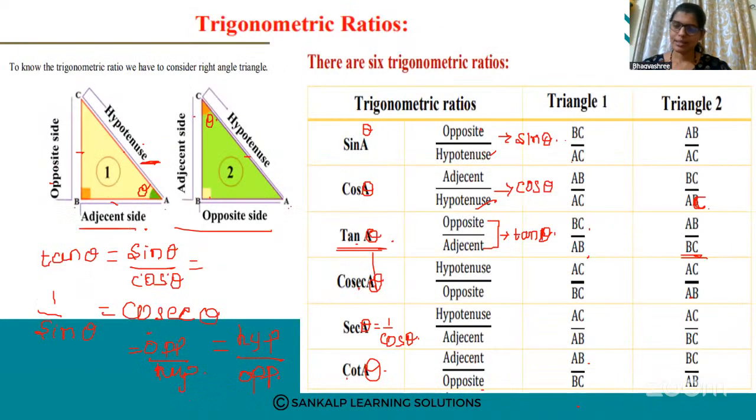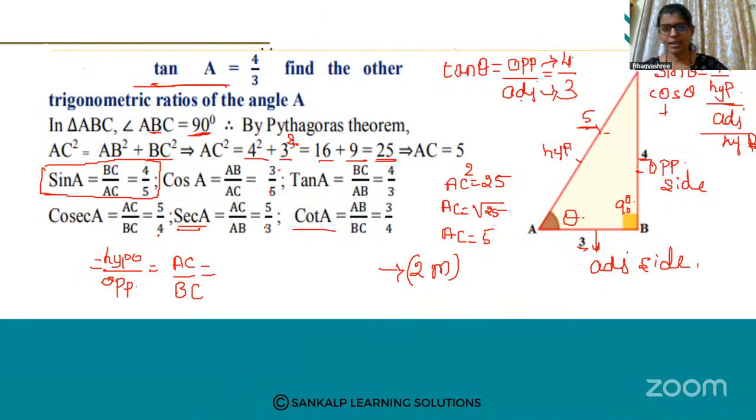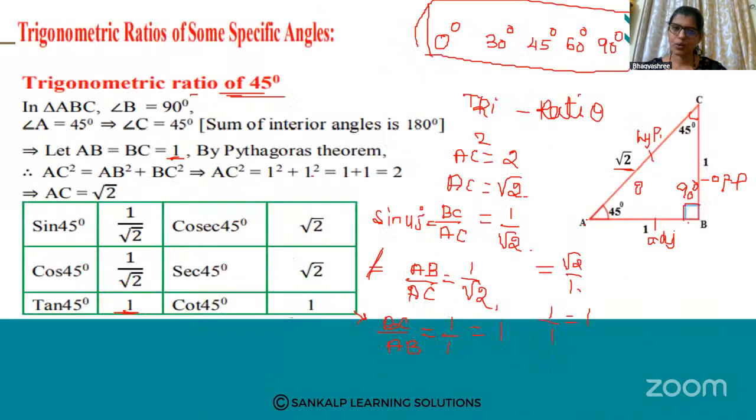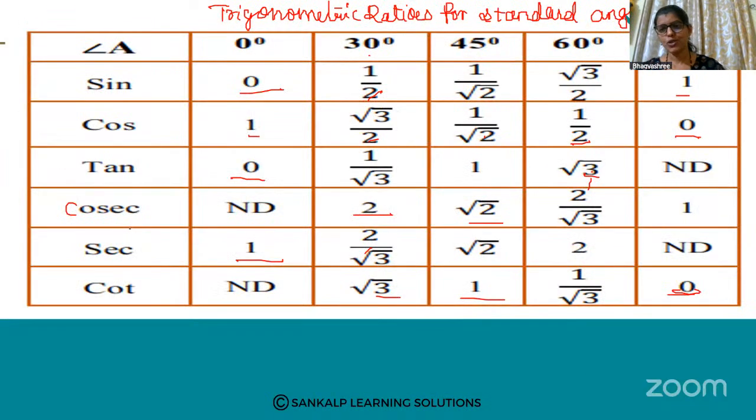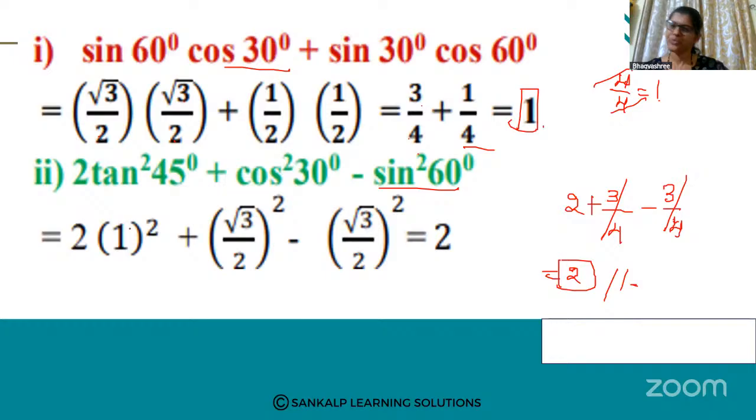So trigonometric ratios, how many ratios are there? 6 ratios are there. Sin theta, cos theta, tan theta, cosec theta, sec theta, and cot theta, right? And also we have solved some problems, and we have discussed trigonometric ratios for standard angles, that is 0 degree, 30 degree, 45 degree, 60 degree, and 90 degree, right?